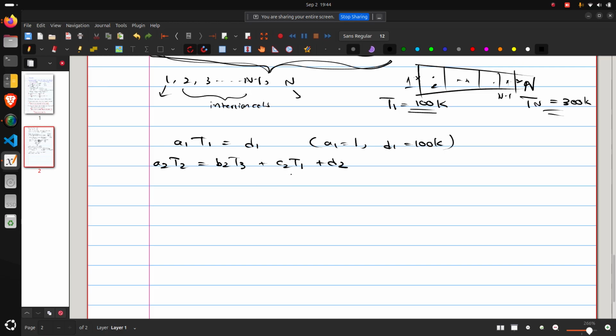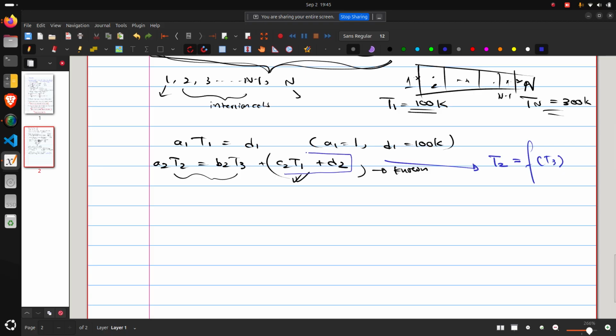So now the t1 value we already know, right? So this whole thing is nothing but a known value. So this equation we can write as t2 is nothing but a function of t3 only, right? Because we know all these things, we know this value. So t2 is a function of t3 only.